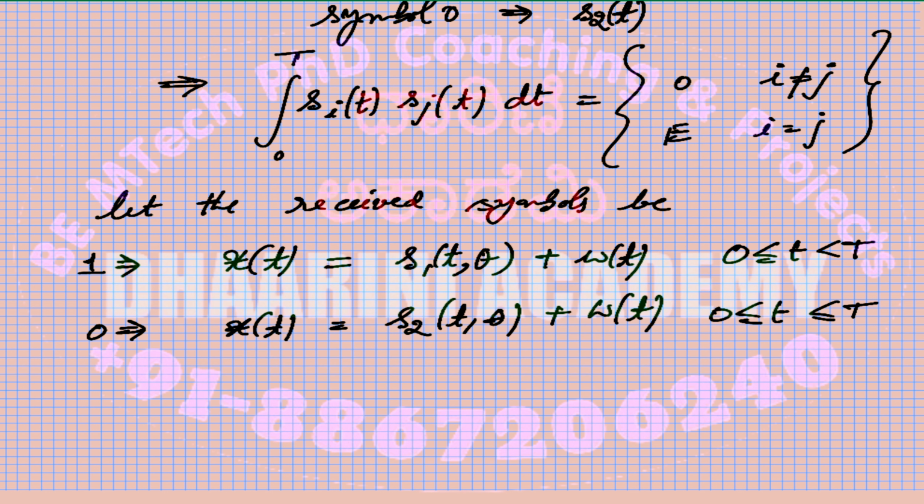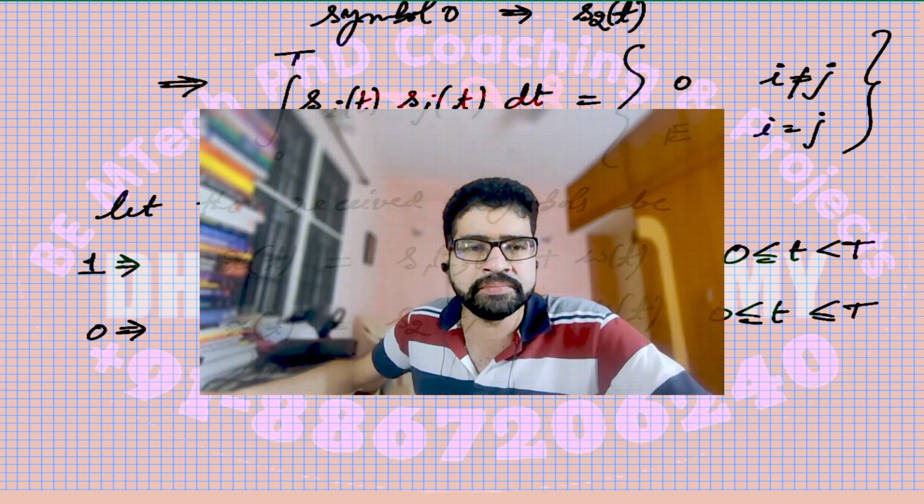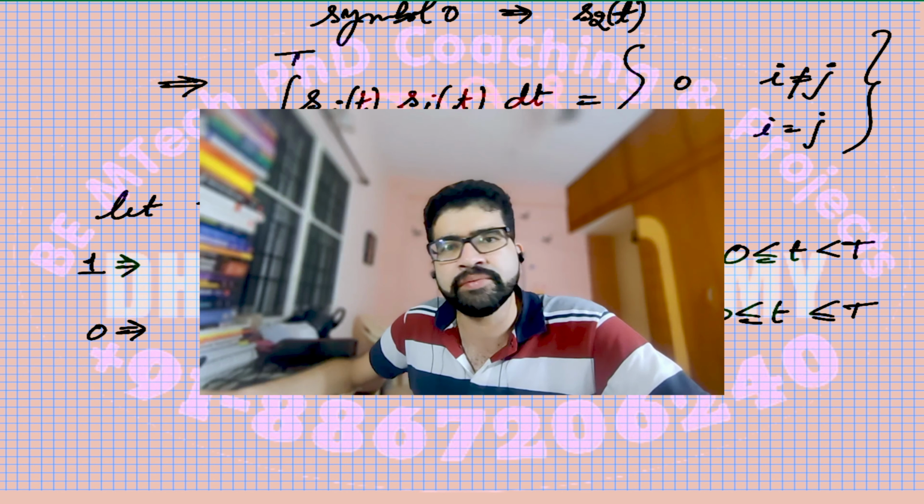Now we understood that two components are added. One is theta and one is W. The W is actually called a noise process. It's like the random process which generates a random variable.